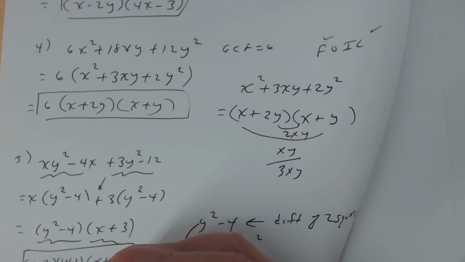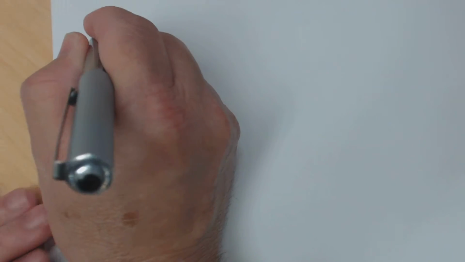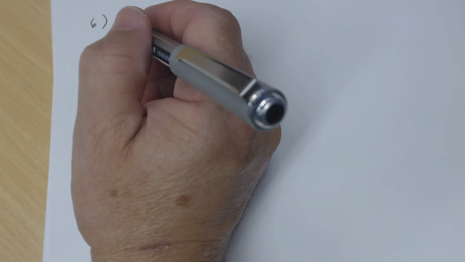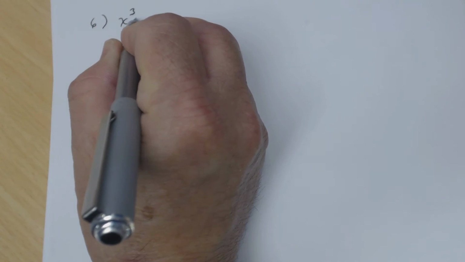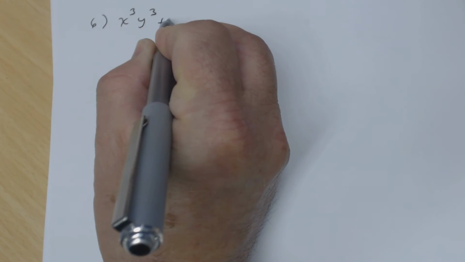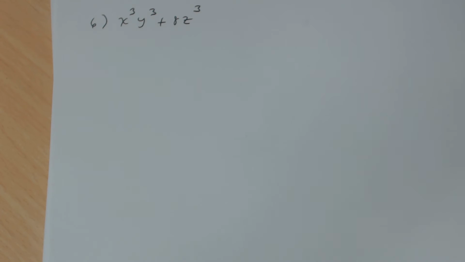All right, and then the final one for this group will be this one. So let's go to number 6. Suppose we had x cubed y cubed plus 8z cubed.